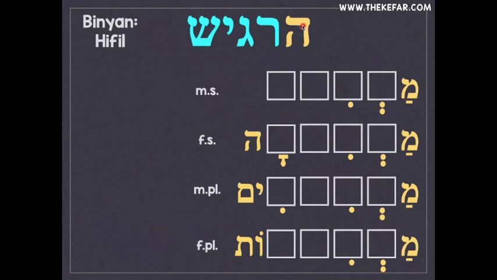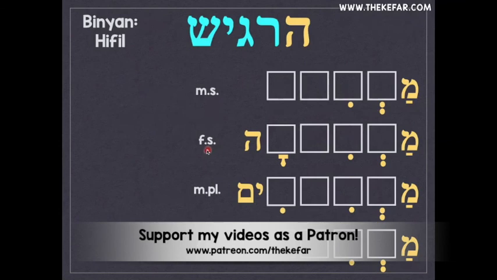But I want you to focus on the infinitive because it's going to help you remember the conjugation pattern. So the infinitive was lehargish, hargish. So you're just replacing that hey with a mem. So instead of hargish, you're going to say margish. Okay, margish is for the masculine singular. For feminine singular, margisha.